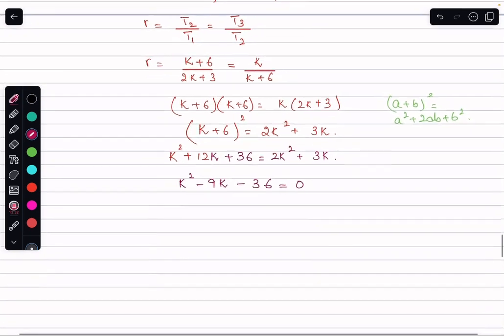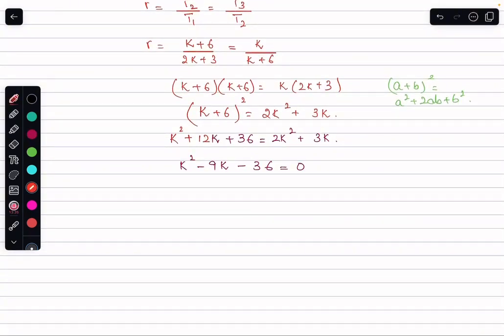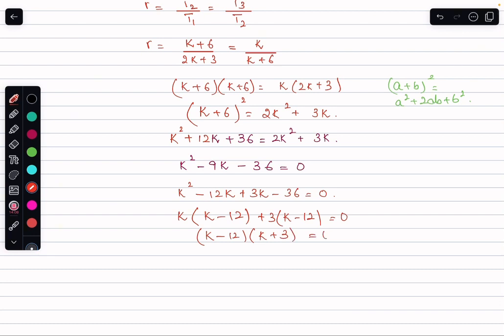So factorizing this equation, k square minus 9k minus 36, the factors here shall be k square minus 12k plus 3k minus 36, which is equal to 0, or k common, I'll be left with k minus 12 plus 3 times k minus 12, which shall be equal to 0. Solving it further, it's k minus 12 and k plus 3, which shall be equal to 0.